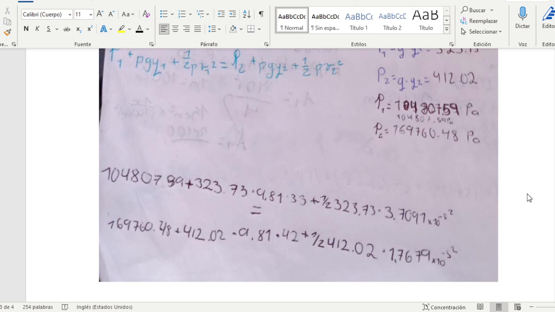I actually don't know how to explain the result using the Bernoulli's principle formula. I think this will be enough to show you how I did it and tell you that I really tried.